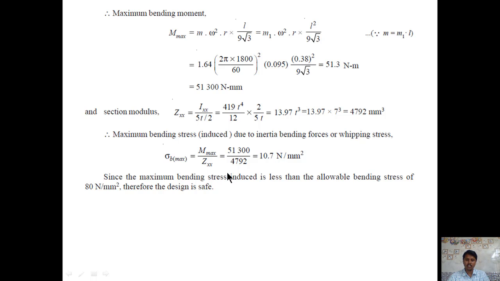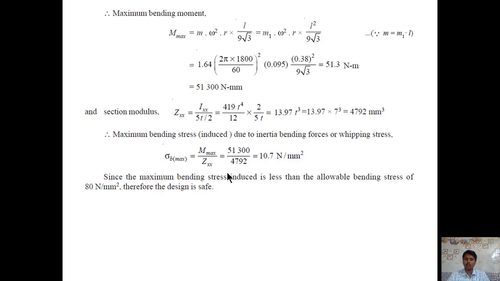So in this connecting rod, we have to understand a few points. First one, there are two forces. First force due to gas pressure. The second force due to inertial force of the reciprocating parts. Then we are designing 4 different parts. First one, we are designing the cross section of the connecting rod, and second one, we are designing the crank pin and piston pin.